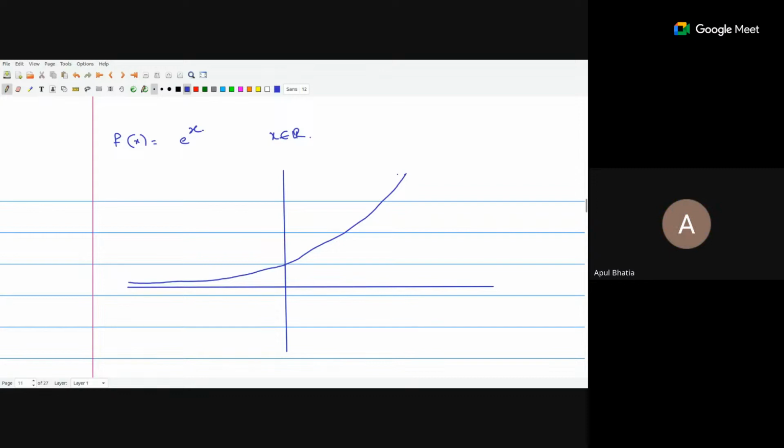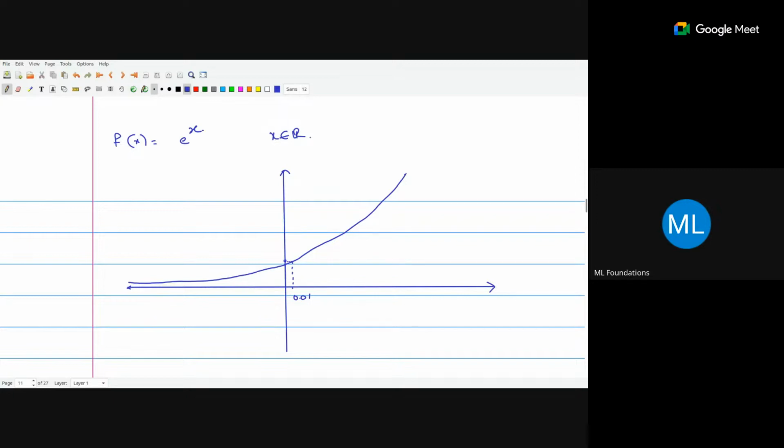Yes, sir. Right. So let me treat this point as some 0.01. Will that be okay? Yes, sir. Now, I want this particular value.